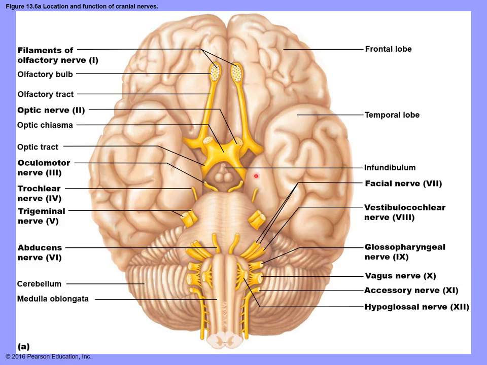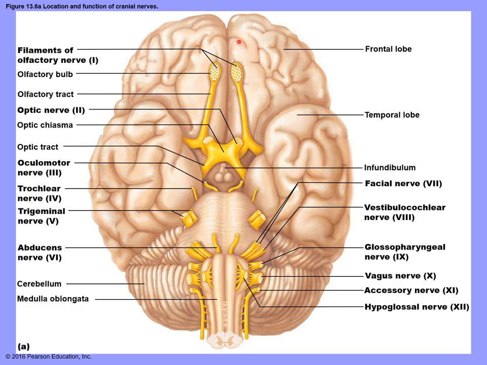If we look at the brain, you're looking underneath. Down here would be the spinal cord. Here is your medulla. You've got the pons. Up here you've got the cerebellum. You've got the cerebrum. Most of the mass of the brain, remember, is the cerebrum up here.